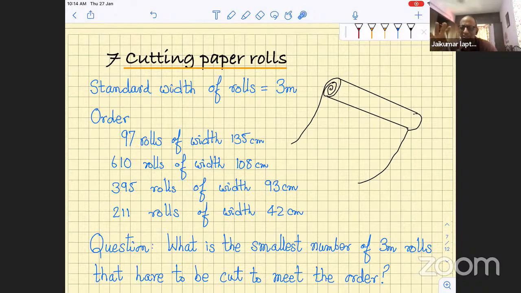But they get orders for plates of various sizes, and we were supposed to decide how to cut this roll of steel so that the wastage is minimized. I had no idea in those days about these things.